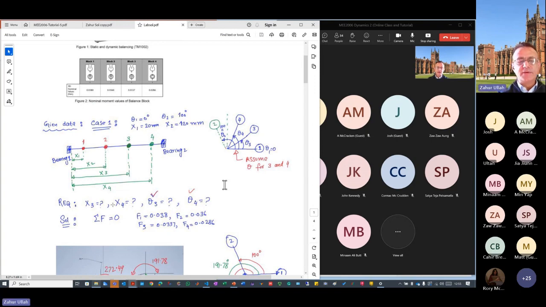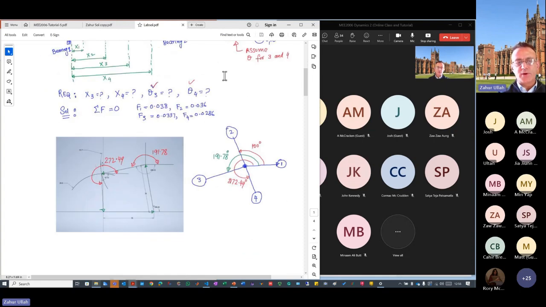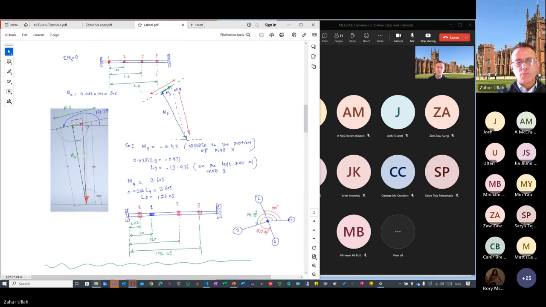The distances are not given, so that's why we start with the force polygon. We cannot start with the moment polygon because if the distance is not given, you cannot calculate the moments. But we can draw the force polygon because there are just two unknowns, two angles, because all the force magnitudes are known. Only the two directions are unknown, which you can calculate from here. And then the two unknown distances we can calculate from the moment polygon.